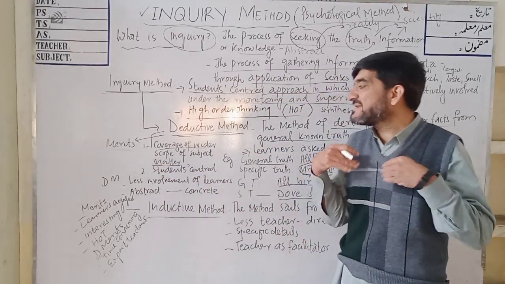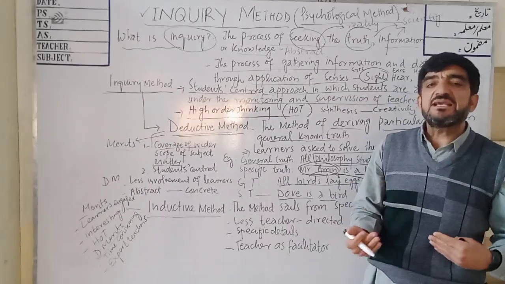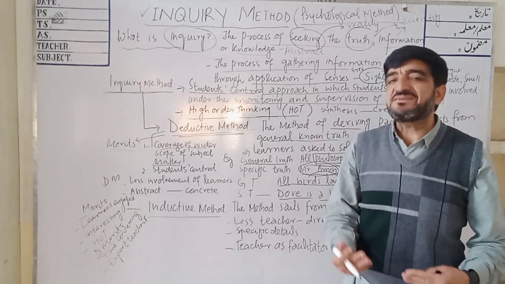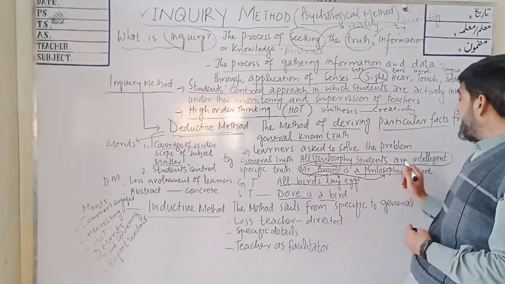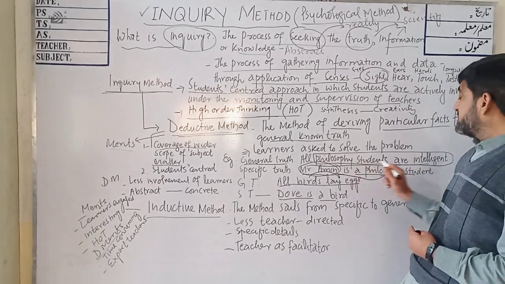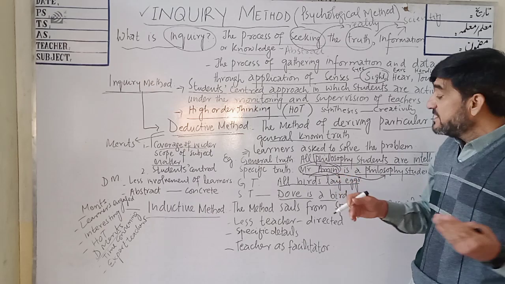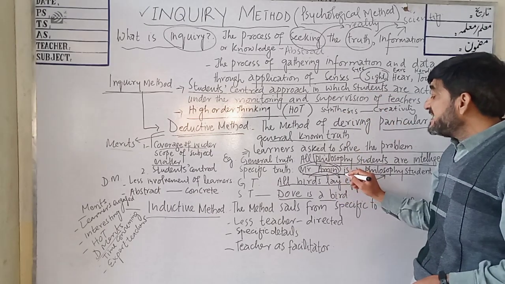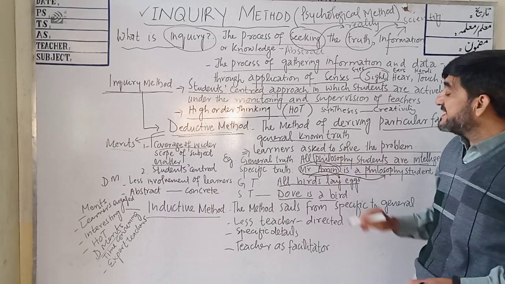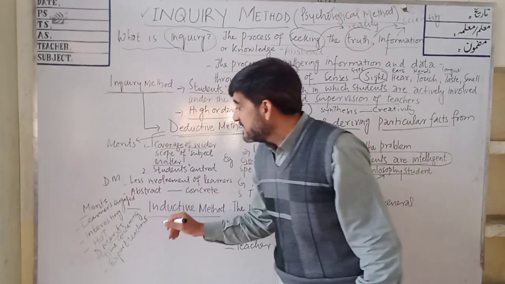Through the process of deductive method, the teacher can cover a bulk of subject matter within a short time. For example, all philosophy students are intelligent is a general truth, but the whole subject matter is encapsulated through the statement that Mr. Amin is a philosophy student.